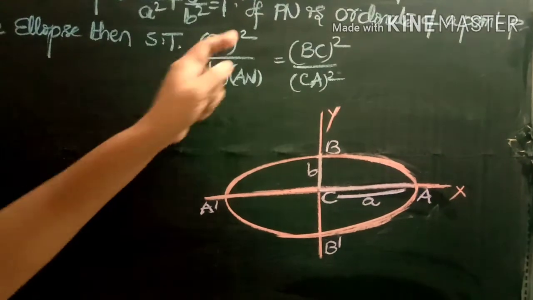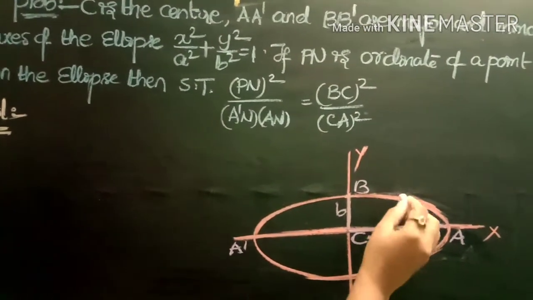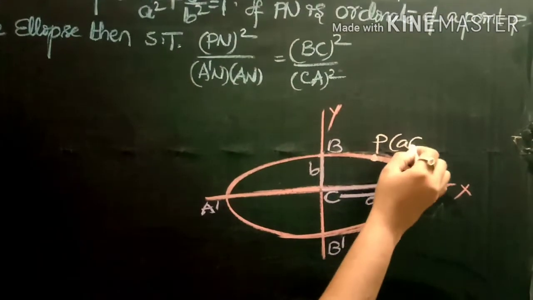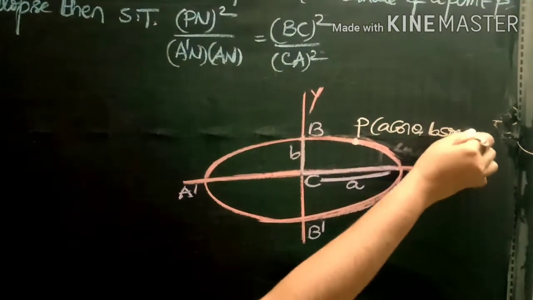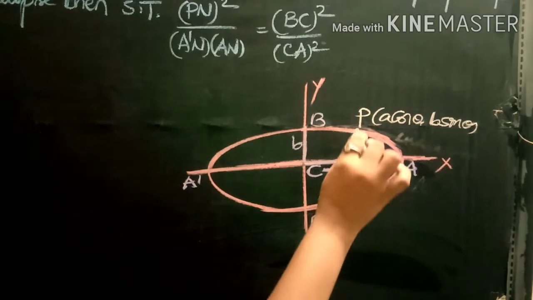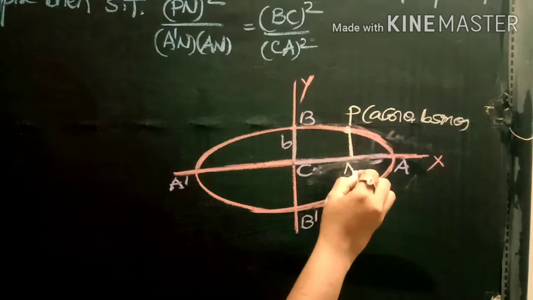Now, also given that PN is the ordinate of a point on the ellipse. So first we take the point P on the ellipse and the coordinates of P is taken as a cos theta comma b sin theta. Any point on the ellipse is taken in the form of a cos theta comma b sin theta. PN is the ordinate, means we are drawing one perpendicular from P to the major axis. This is the perpendicular.